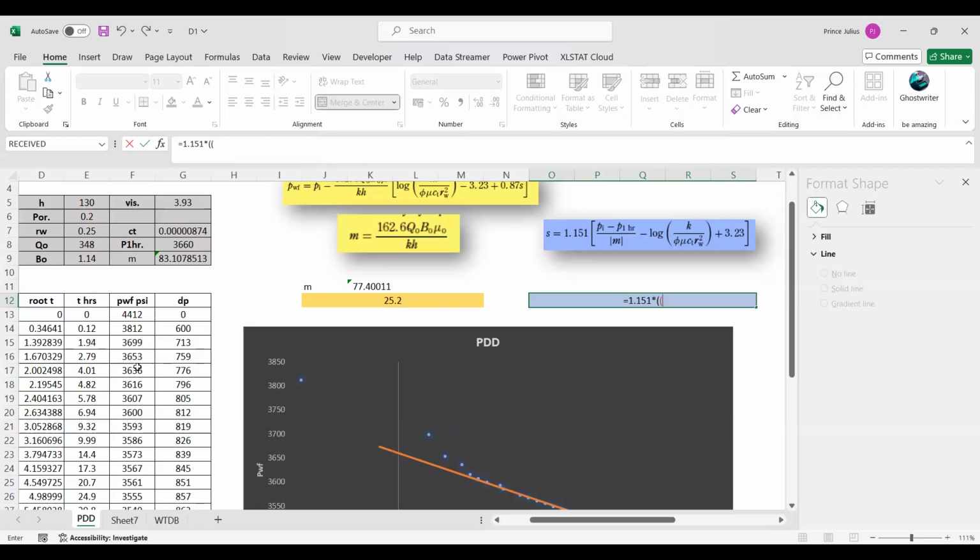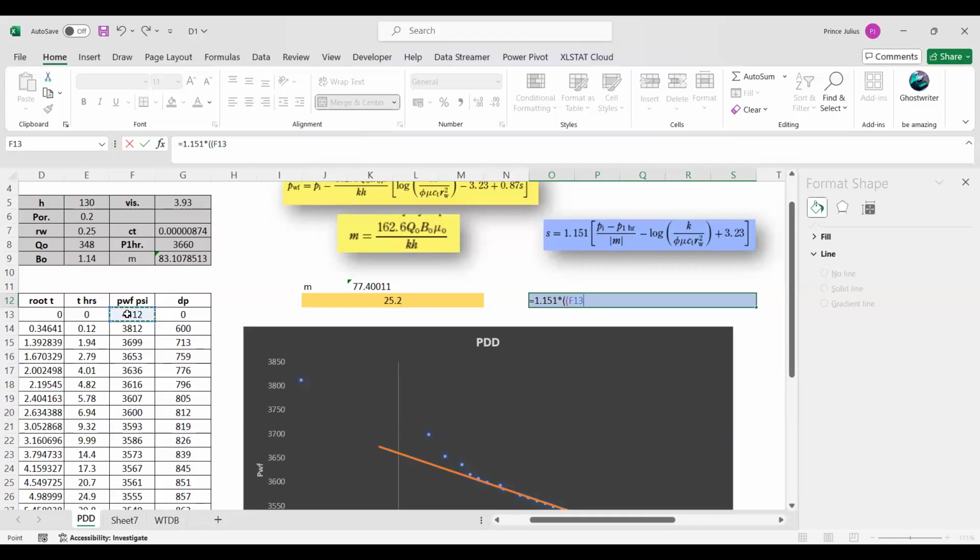For a pressure drawdown test, the maximum pressure is equal to your reservoir pressure or initial pressure. From that pressure onwards, you will open the well, then the pressure will drop. When you open the well, the production period starts at time zero. At time zero, the pressure is equal to your reservoir pressure. So we are going to use that pressure as your initial pressure.